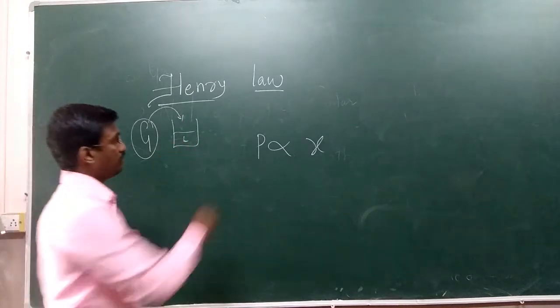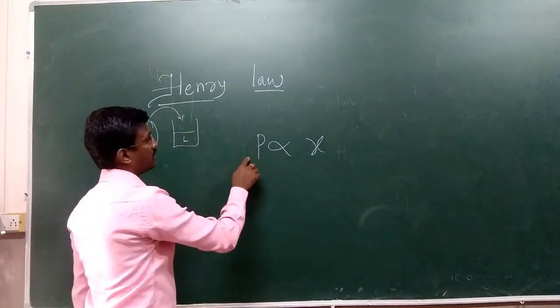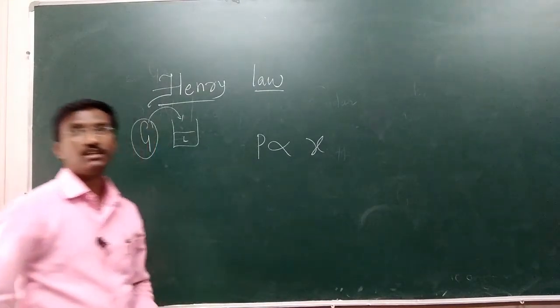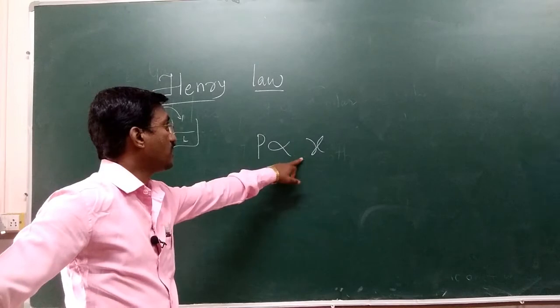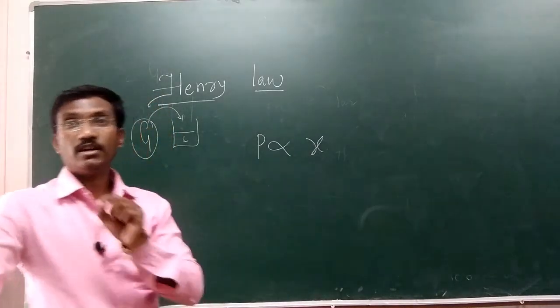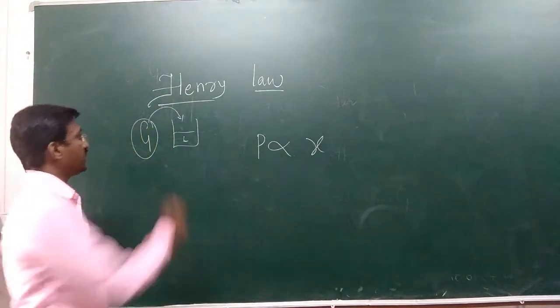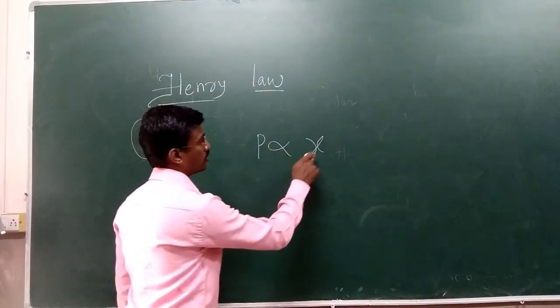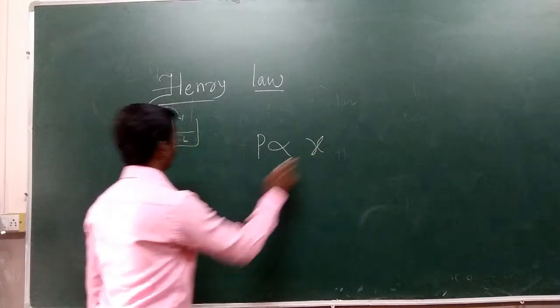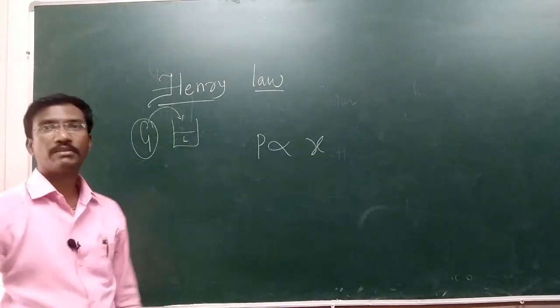That is why Henry's law states that the partial pressure of the gas above its solution is directly proportional to the number of moles of the gaseous compound present in the solution. So the partial pressure of the gas is directly proportional to the mole fraction of the solute present in the solution.